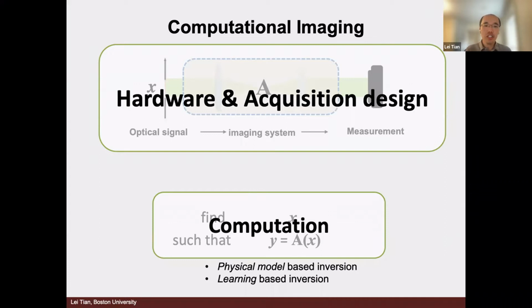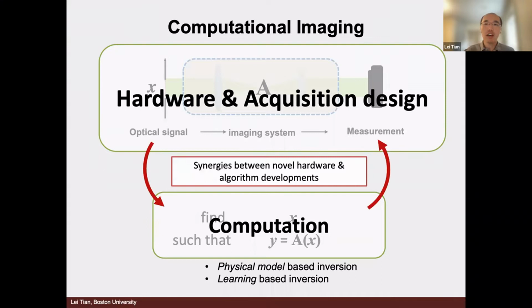In addition, for computation, a lot of different techniques have been innovated these days. I'm going to talk about two kinds of computational methods: one using physical models, and the other using deep learning.